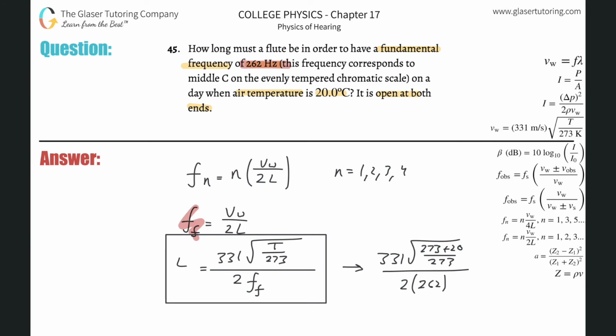All the units are right, so let's do the calculation. 331 multiplied by the square root of 293 divided by 273, then divide by 2 times 262. So the length of the tube, L, is 0.654 meters. And there you go.